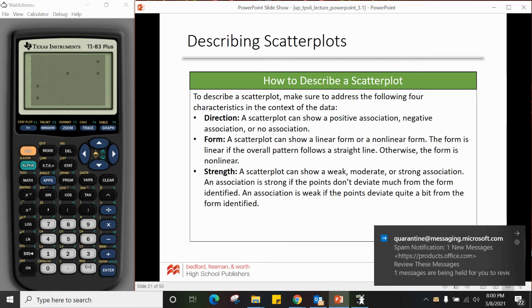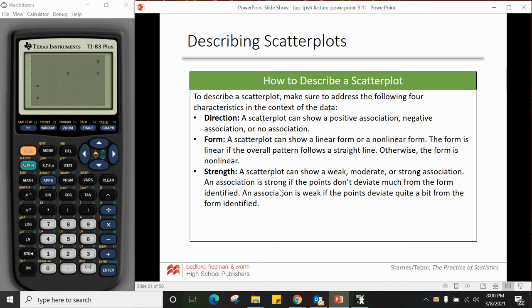Third is the strength. The strength is how strong or weak the association is. We'll talk more about how to actually quantify it numerically, but I think this is a pretty good understanding. An association is strong if the points don't deviate much from the identified pattern. Essentially, if this was linear and you were to draw in a line, do those points vary a lot from that line, or are they pretty close to it?